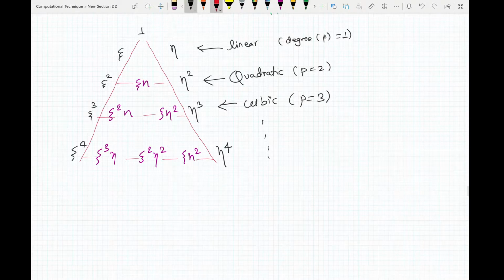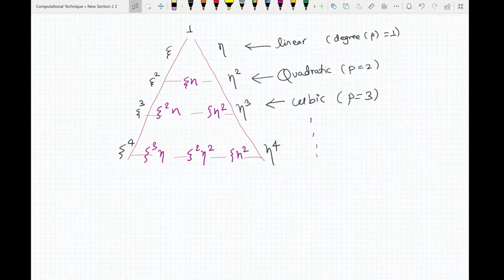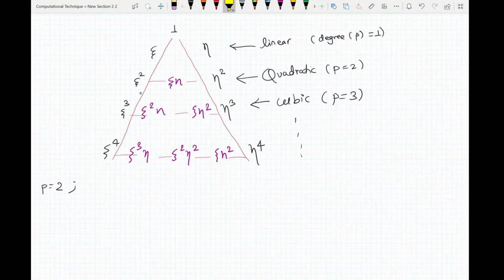As we have seen earlier, this Pascal's triangle provides a method of assuming the shape functions in different degrees of polynomial. For example, if we take an order of p equals 2, then what we have to do is look at p equals 2, which is this one, and then take all the terms above and in the line of the quadratic.